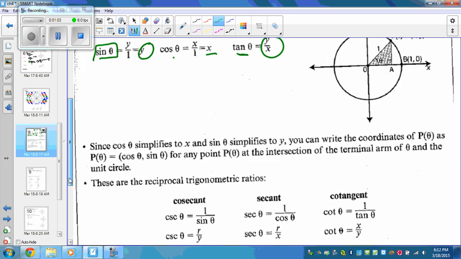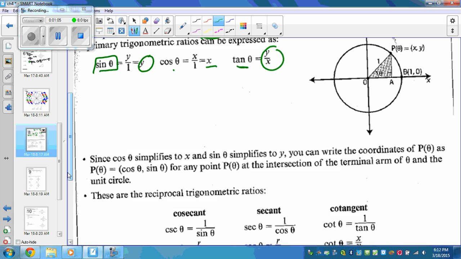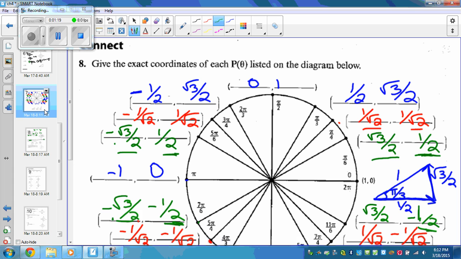Since these simplify in this way, we can write the coordinates of any angle as cosine, sine.